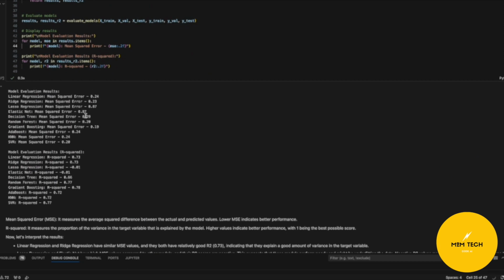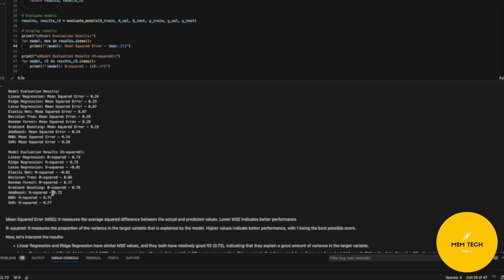ElasticNet had the highest mean squared error. Lasso Regression had the lowest R squared. ElasticNet also had a low R squared.